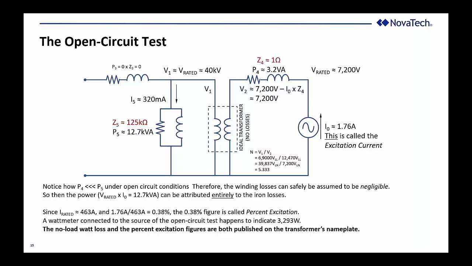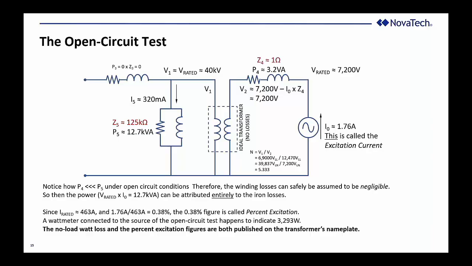Remember, for simplicity, we're going to stick with the 69 kV primary to 7,200 volt secondary. Remember, I said it was 12,470. 12,470 divided by the root of 3 is 7,200 volts line to neutral. So we're going to have approximately 40 kV on the primary side, 7,200 volts on the secondary side as a result of injecting 7,200 volts on the low side with the high side terminals open.